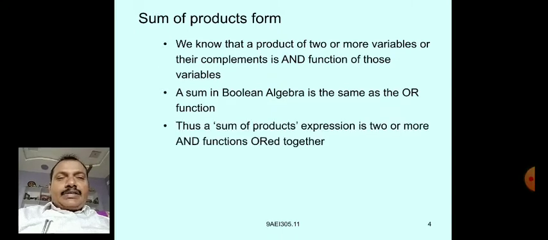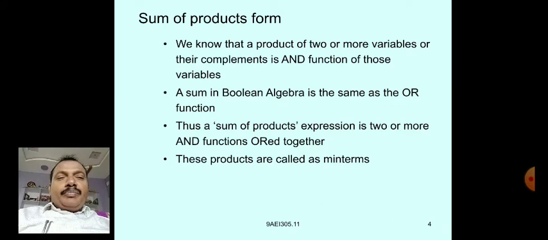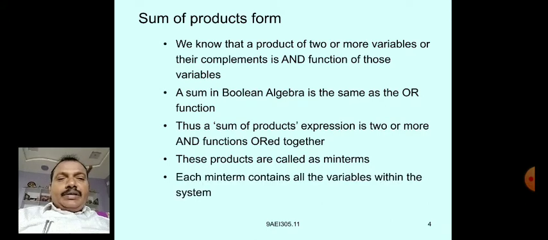Thus, a sum of products expression is two or more AND functions ORed together. These products are called minterms. Each minterm contains all the variables within the system.